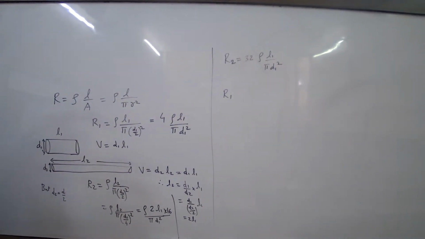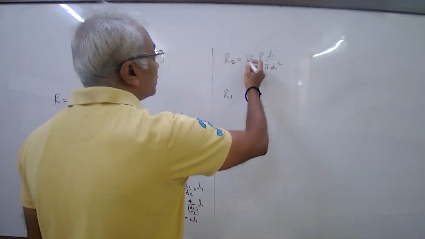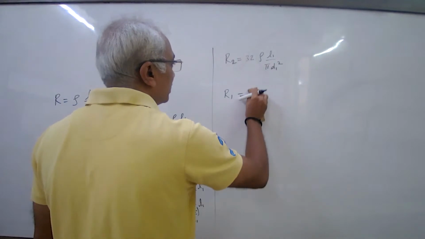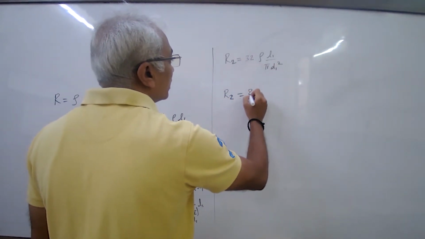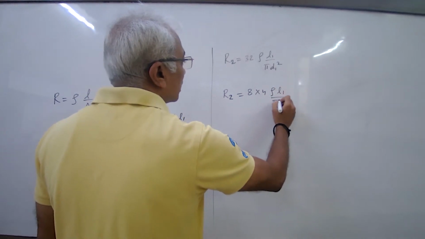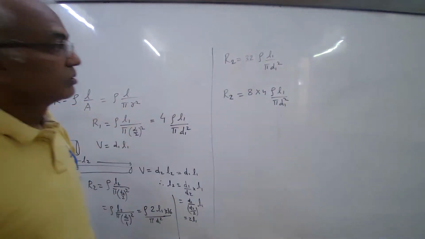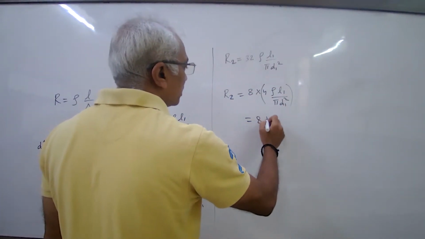So what is R2 then? Can we write 8 times? This is 8 into 4. Can I write it like this? What is this but 8 times R1?